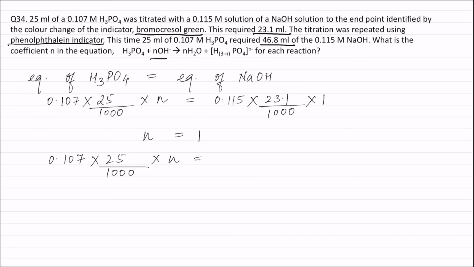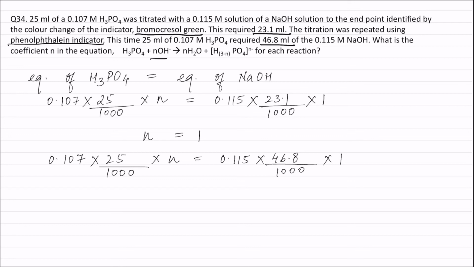And this is equal to equivalence of NaOH, and equivalence of NaOH will be equal to 0.115 into 46.8 divided by 1000 into 1, where 0.115 M is the molarity of NaOH solution, 46.8 divided by 1000 is the volume of NaOH in liters, and 1 is the valency factor of NaOH.